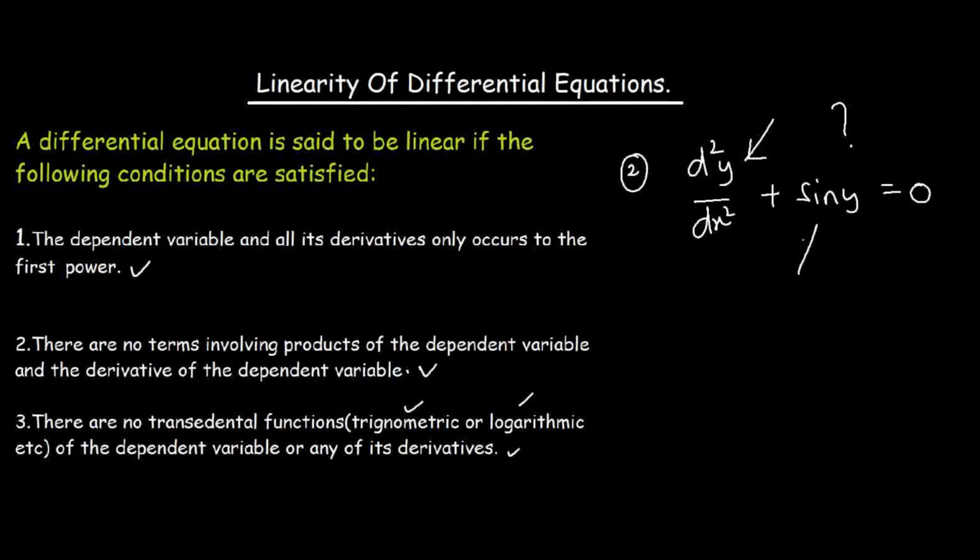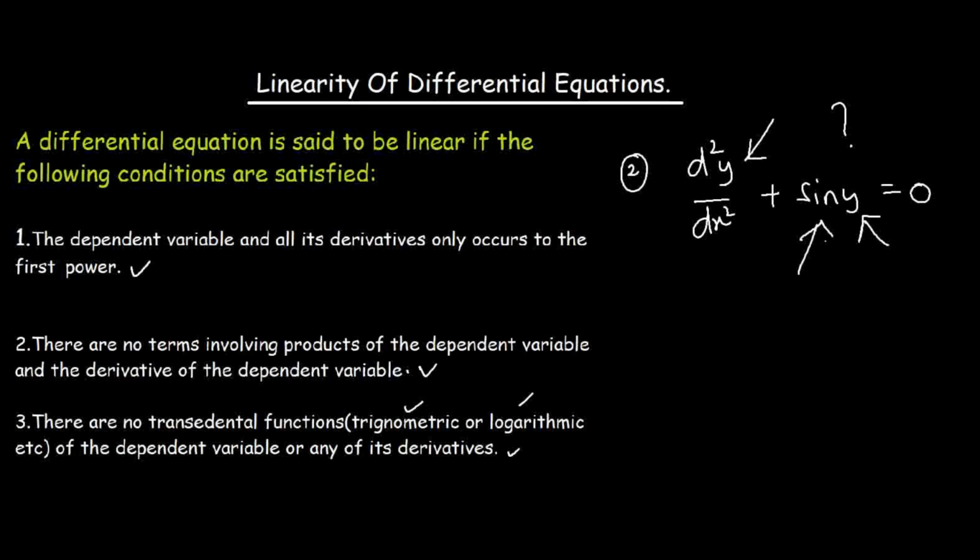The sine here is a transcendental function, and the y here is the dependent variable. We have a sine of y here, but there shouldn't be anything like this, because that's what the third condition says: there are no transcendental functions of the dependent variable or any of its derivatives. But here you have a transcendental function that involves the dependent variable.